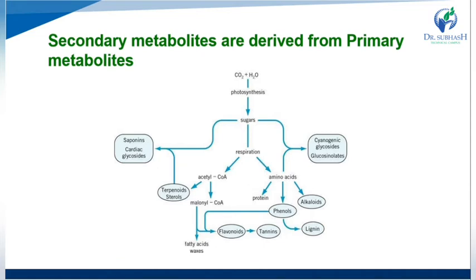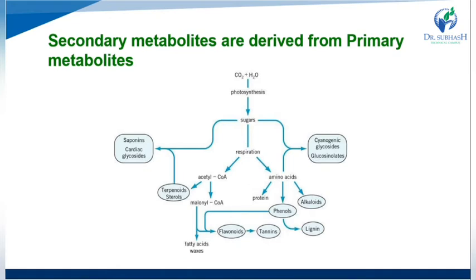Here the primary metabolite is sugar, that is carbohydrate. Carbohydrate gives saponin glycosides, cardiac glycosides, cyanogenetic glycosides and glucosides. These all are glycosides derived from the sugar, and they also give terpenoids and sterols.